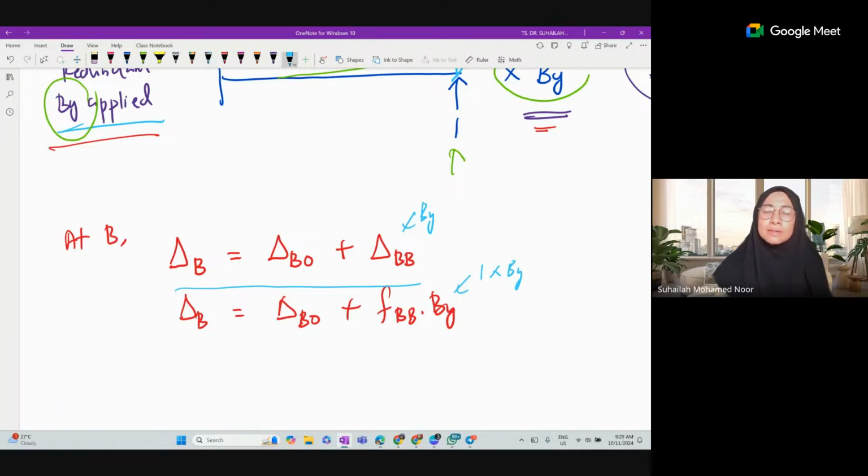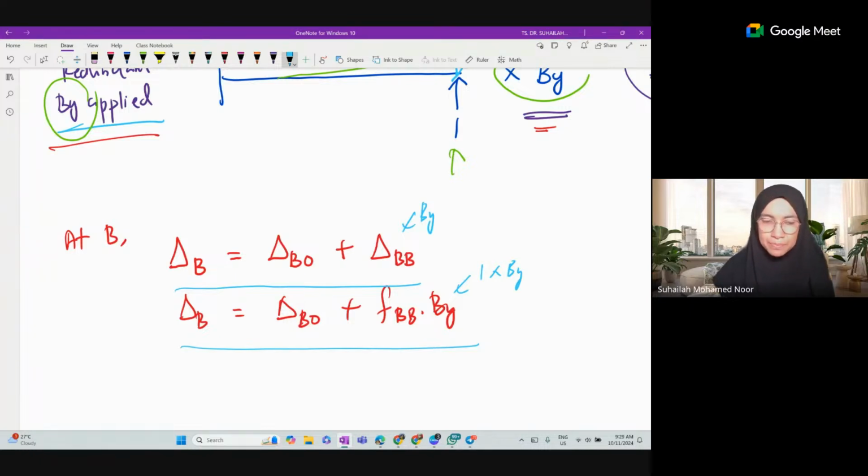Okay, so which one can be used to solve for the redundant? Of course, the second one. That is why we have to change to a unit value of BY, because in the second equation we have BY, the redundant, and we want to solve for this BY. So we use this one as the compatibility equation. It comes from actual beam equals primary beam plus redundant beam.